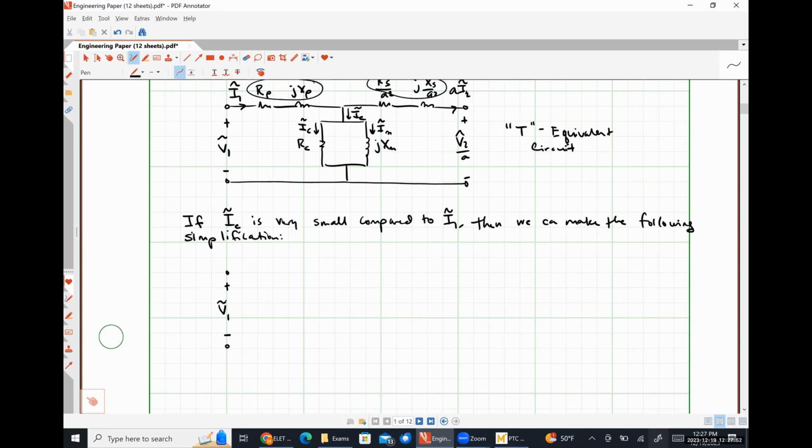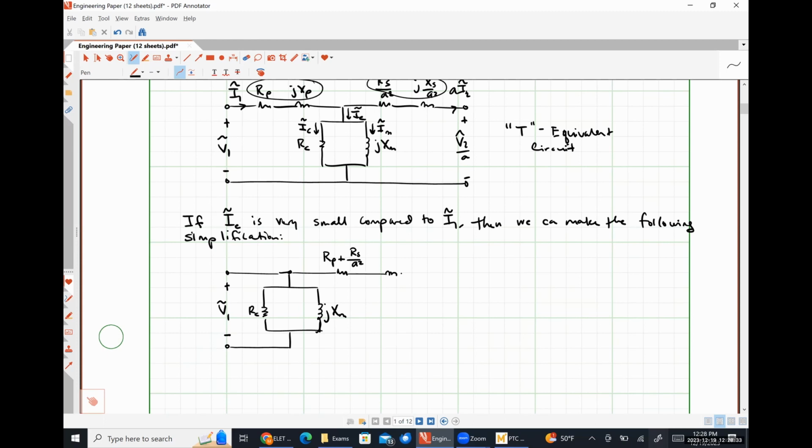So we're going to have V1. I'm going to put my shunt branch in here on the left-hand side. So here's R sub C, jX sub M. And then I'm going to have a single resistance here, whose value will be RP plus RS over A squared.